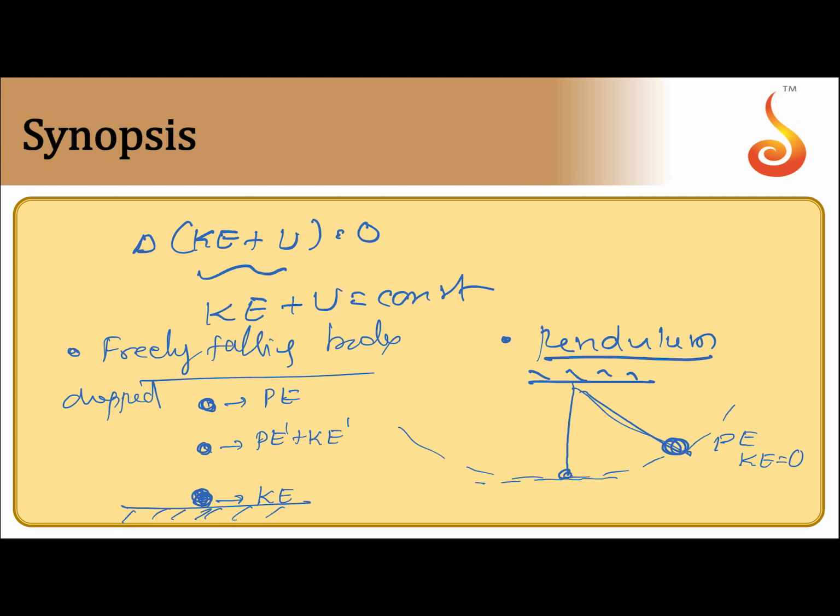And if I take this as the reference point, the potential energy here becomes 0 and the kinetic energy becomes maximum. And when it goes to the other side, same story, potential energy is maximum here and the kinetic energy becomes 0. And if I consider an intermediate position here, it possesses both kinetic energy and potential energy.